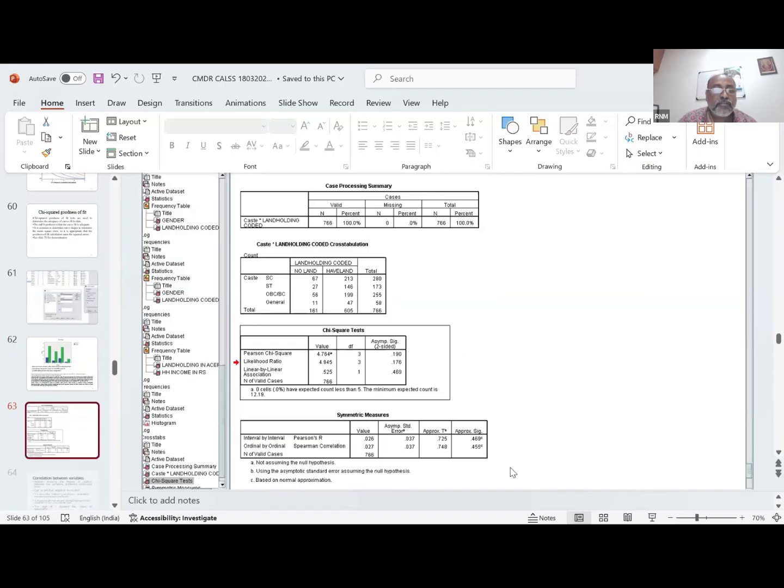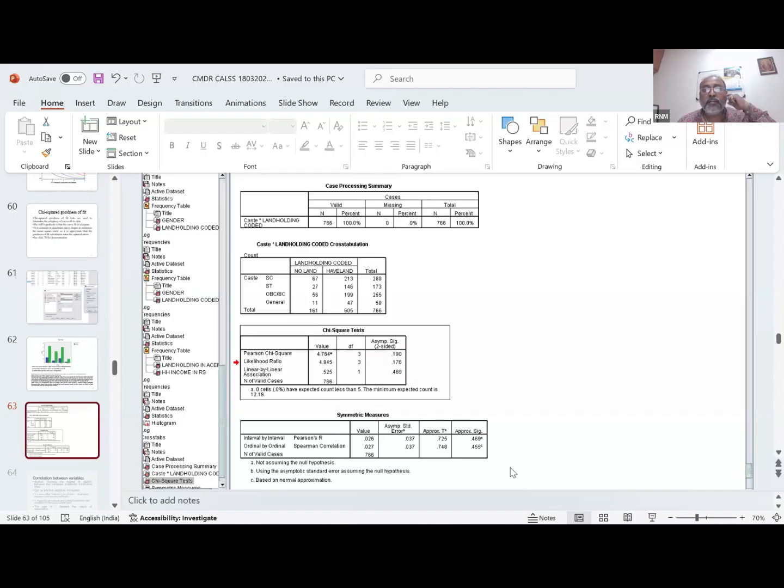Now, this chi-square test, I was telling about 0.190. See, the result is there. 67 scheduled caste households have no land, vis-a-vis 213 out of 280 who have land.